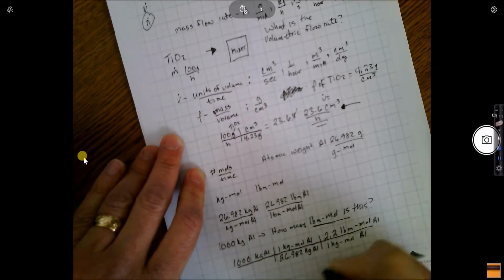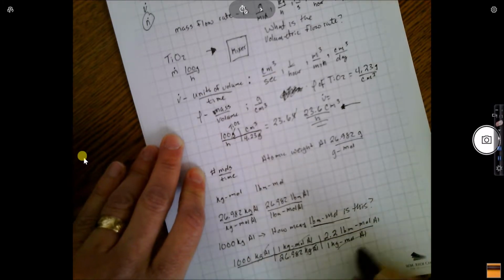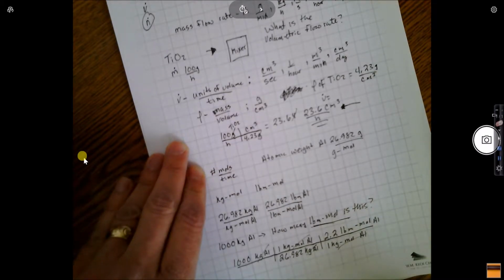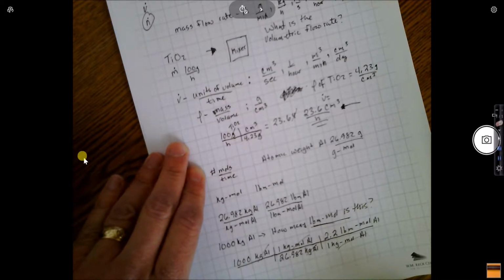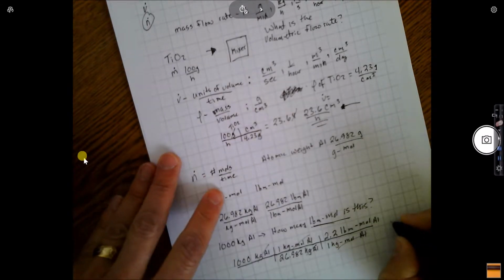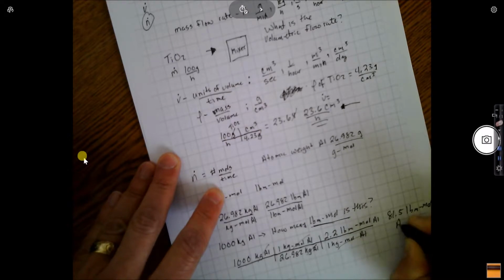We want to make sure our units are going to cancel. Kilograms of aluminum cancels, kilogram moles of aluminum cancels, and we're left with pound mass moles of aluminum, which is what the question was asking for. If I type the numbers into my calculator, I get the value of 81.5 pound mass moles of aluminum.